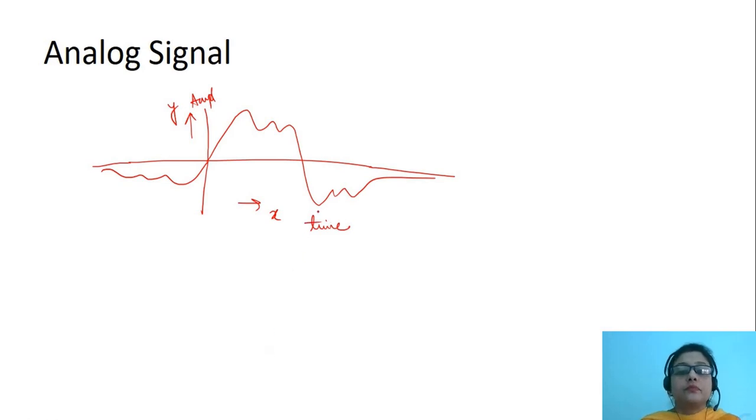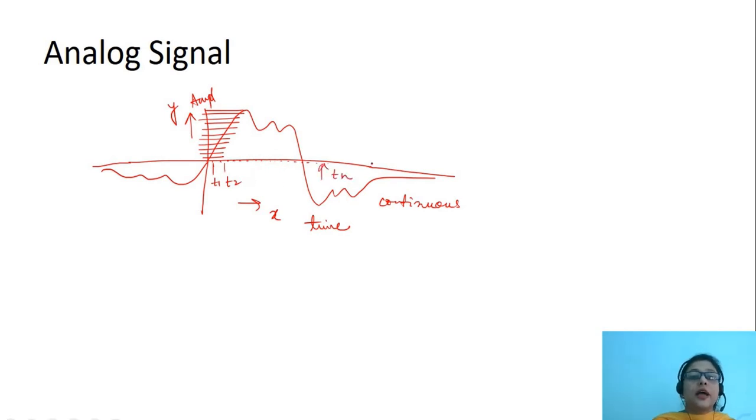So this is analog in the sense that along the y-axis, you can have an infinite number of values of the signal. That is why it is analog in nature and it is continuous in nature, because the signal exists at each and every time instance, t1, t2, tn. So this is the nature of an analog signal.